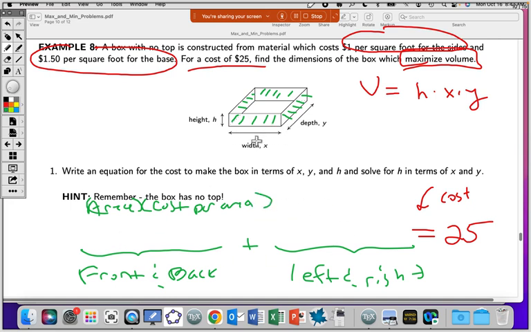If it's a rectangle, it's going to be x times h. Very good. So I've got x times h, and there's going to be 2 of these, right? Because the front and the back are going to be identical. They're congruent. So that's going to give me the area, multiplied by the cost, which was $1 per square foot.